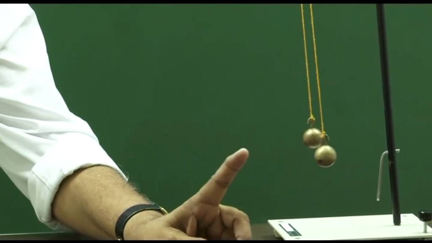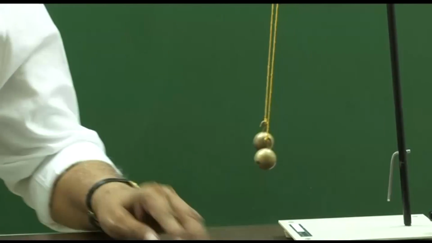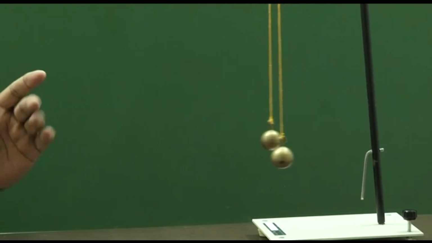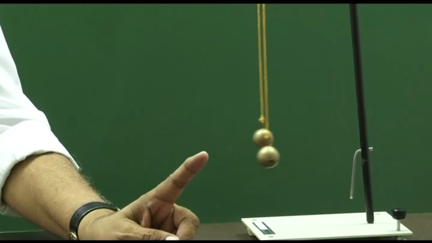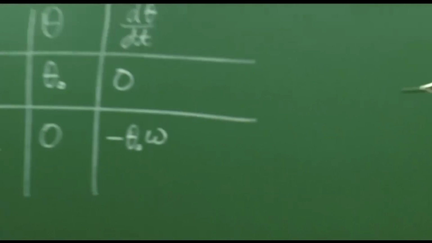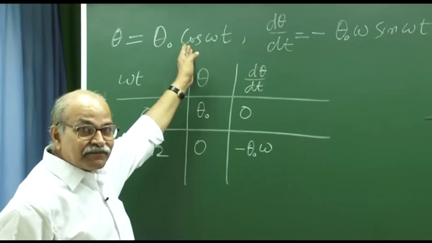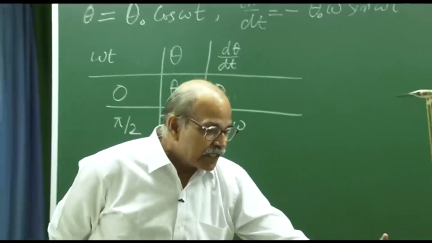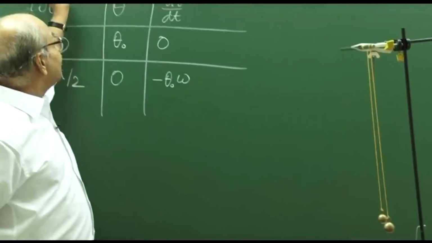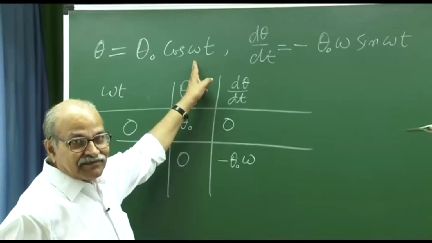So when the first one is at its left extreme, at that instant the second one is also at its left extreme and so on. So if you write the equation of this front pendulum as theta equal to theta naught cos omega t, the equation for the second pendulum, this rear pendulum, will also be given by this same equation.